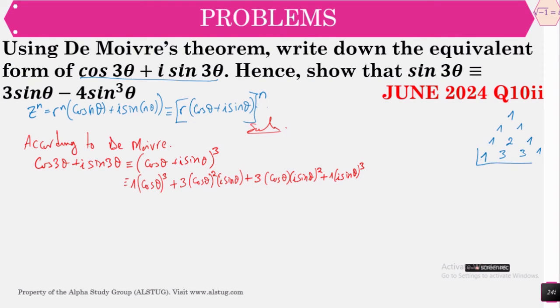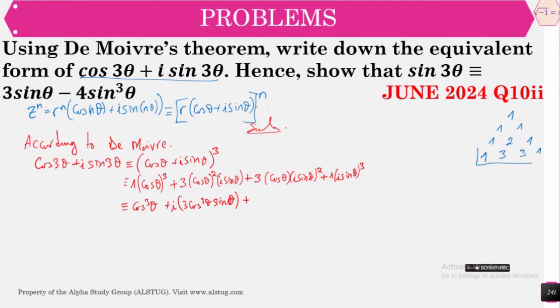At this point we are going to have cos cubed theta plus 3i. Then I think I should put the i outside at the furthermost outer part, so we have i times 3 cos squared theta sine theta, yes, like that.